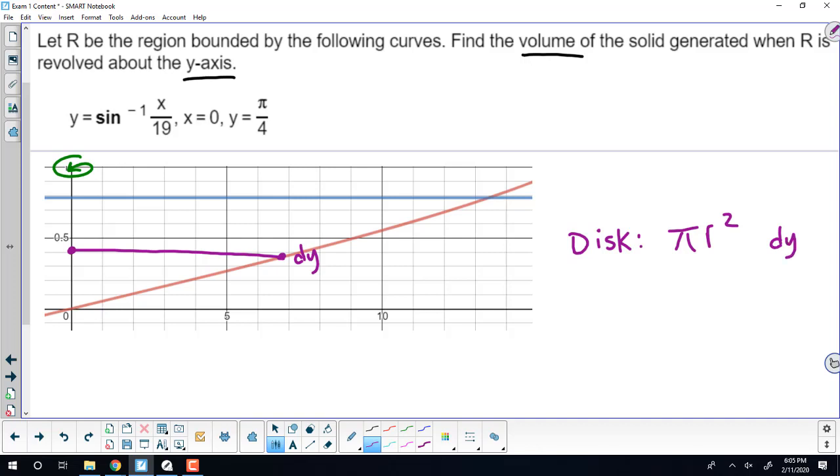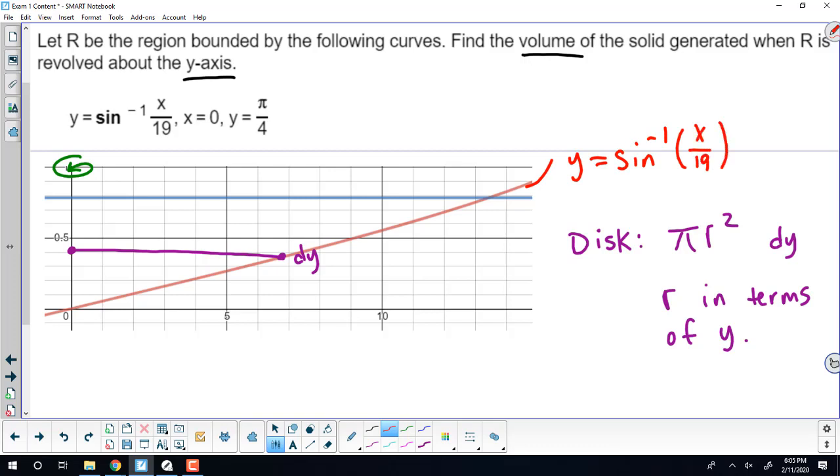Okay. So we need the r in terms of y. Radius, right minus left. So we have the right function, but we want that in terms of y, not in terms of x. So we've got to solve for x. Everybody agree? Which is why this method's easier, because otherwise you're going to have to integrate some form involving inverse sine.